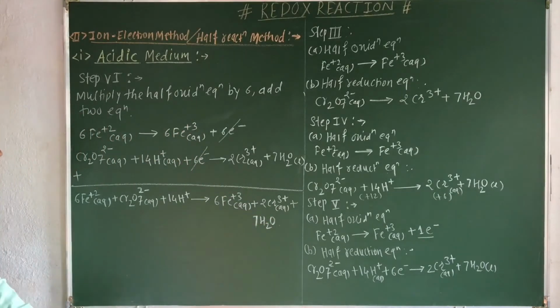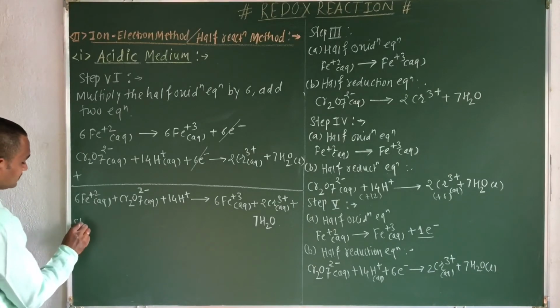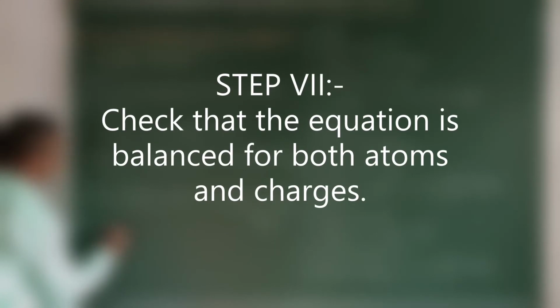So that is the overall equation. Now let us go to the last step, that is your step number 7, which is again very important.